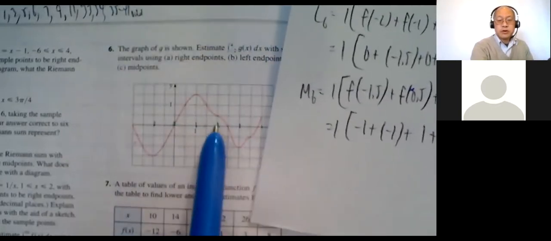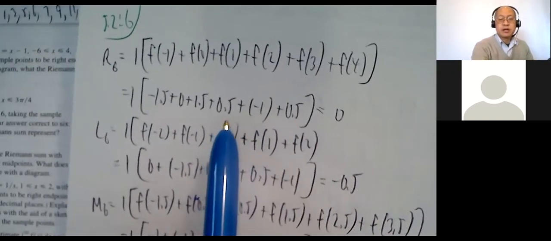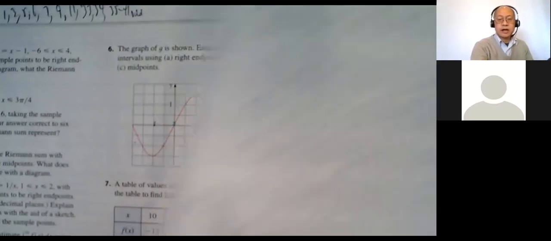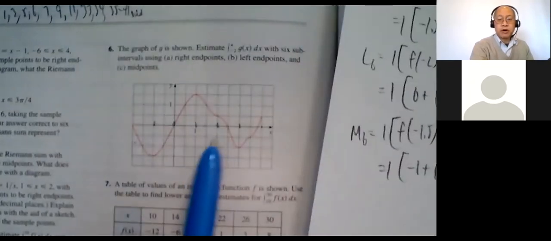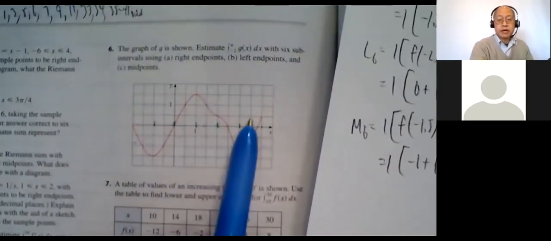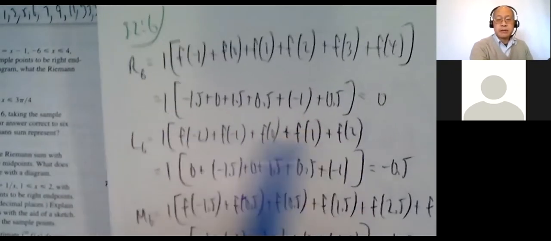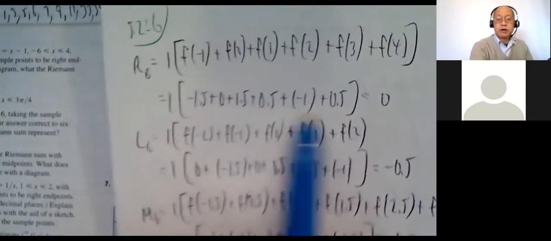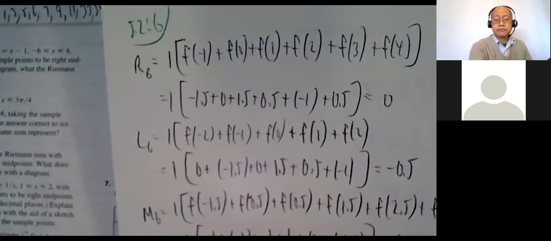F of 2 is 0.5. F of 3 is negative 1. That's 2 squares down. It's negative 1. And then F of 4, 1, 2, 3 is 0.5. Okay, that comes out to be 0. Notice that negative 1.5 cancels that positive 1.5. And 0.5 plus 0.5 is 1. That cancels that negative 1. So the answer is 0.